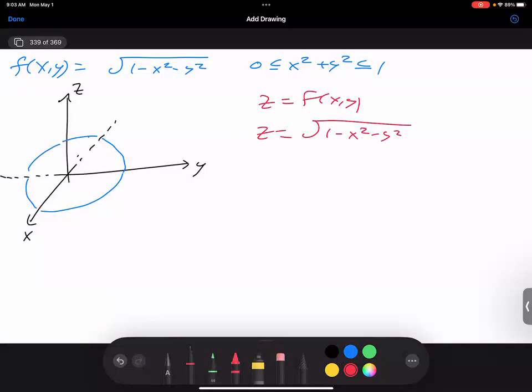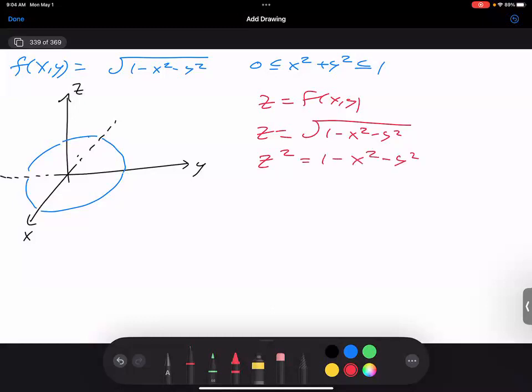Whenever you see a square root, what's your first instinct? What can you do to make things nicer on both sides? Square. So if you square both sides, you get z squared equals 1 minus x squared minus y squared.